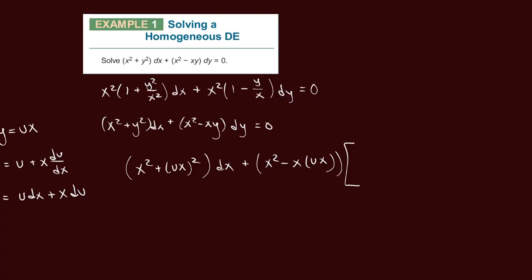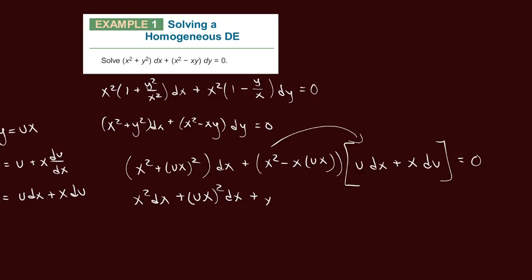Then dy was u dx plus x du, and all of this is equal to 0. Now we're going to do the painful thing of foiling everything out. So let me start. This one's first.